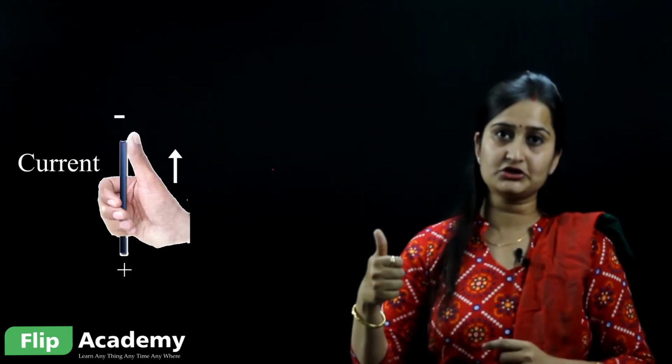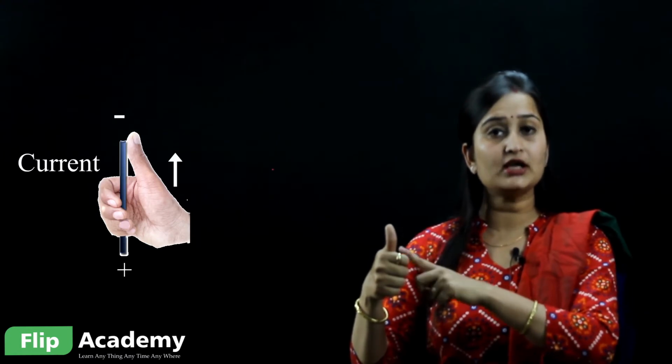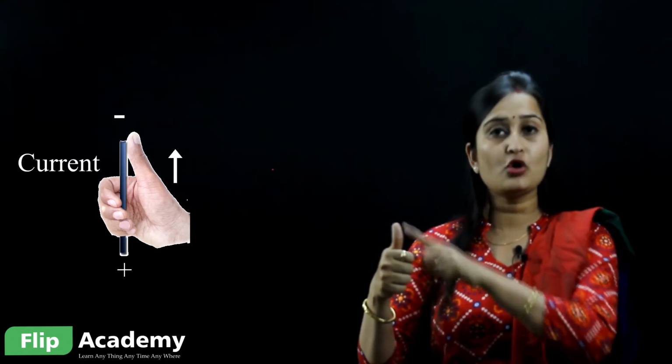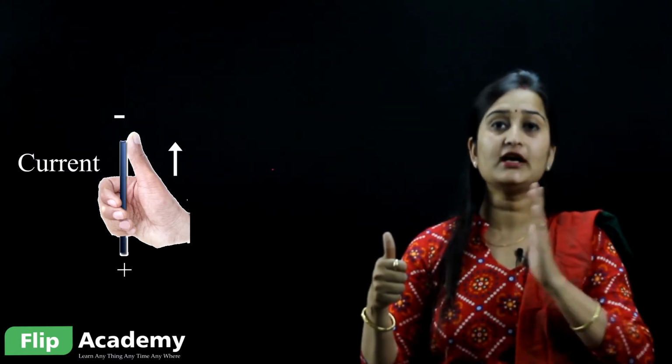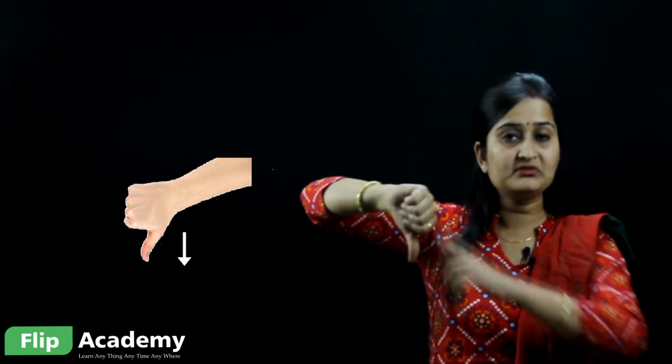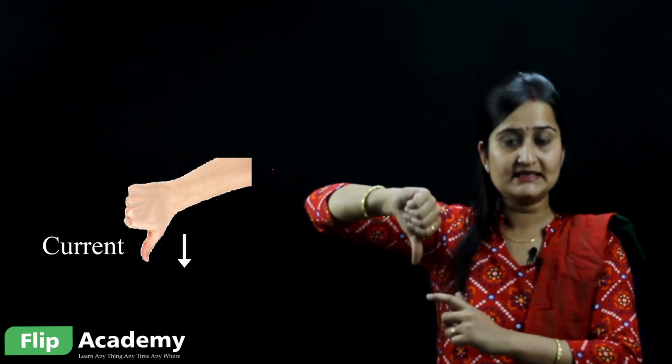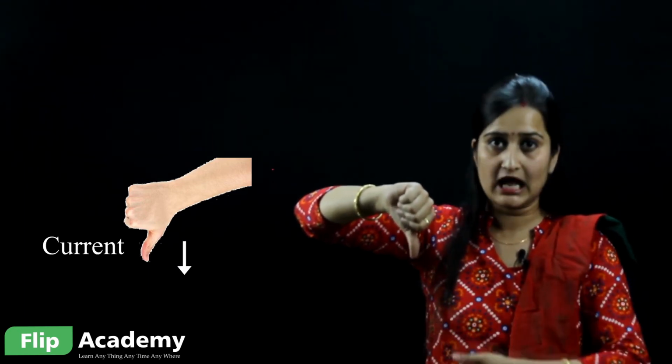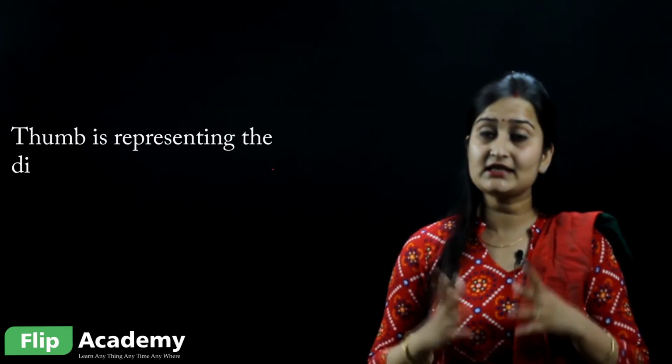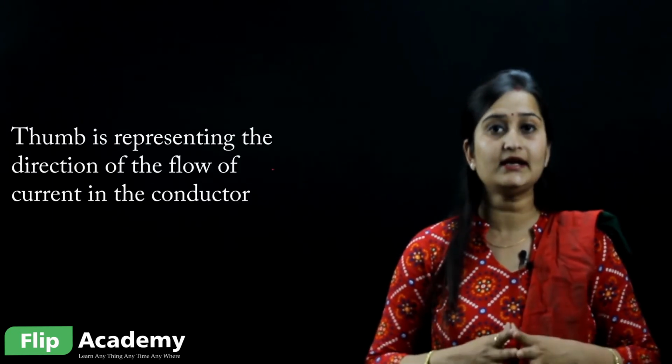According to this rule, the direction in which the thumb is pointing shows the direction in which the current is flowing in the conductor. If I point my thumb downward, towards the ground, then the current is also flowing in the conductor in the downward direction. So this is how the thumb represents the direction of the flow of current in the conductor.